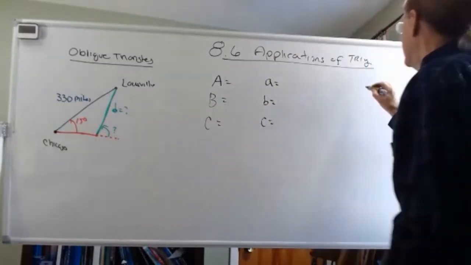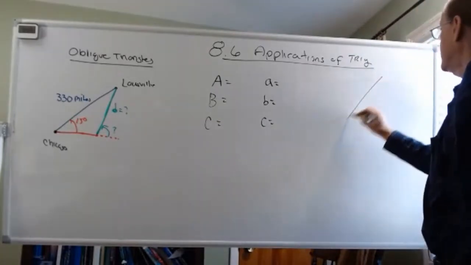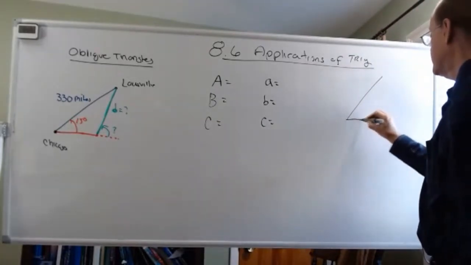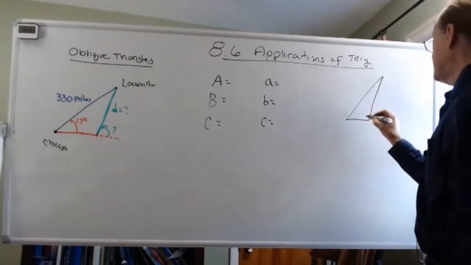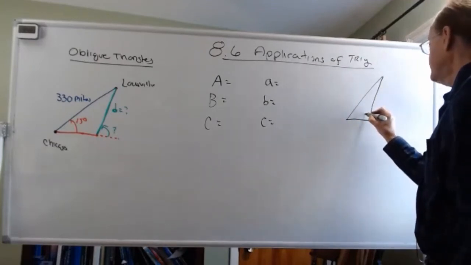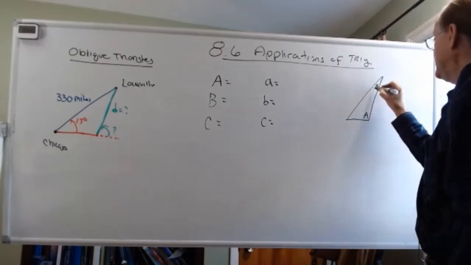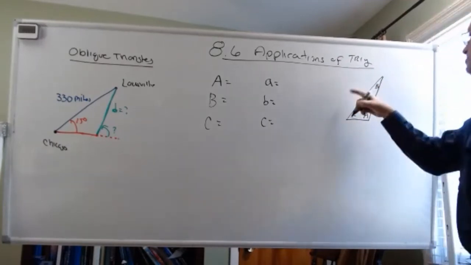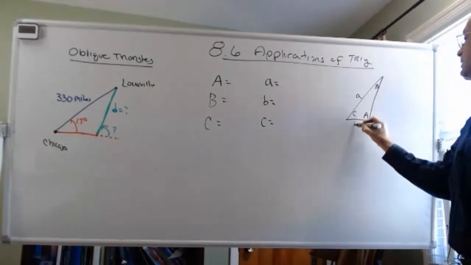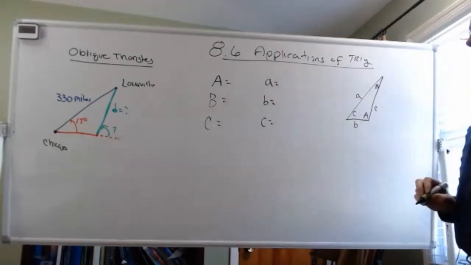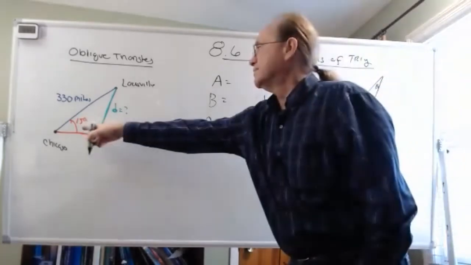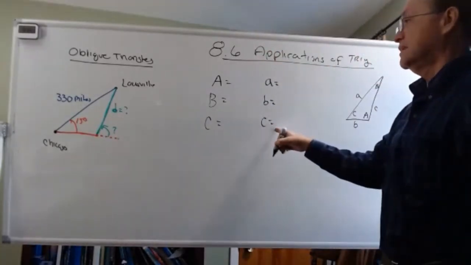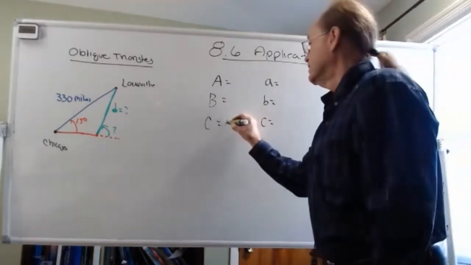So let's draw my oblique triangle over here, and we'll start labeling. We can call the angles A, B, and C, and the opposite sides little a, little b, and little c. We know angle C, that's given to us, so I can put that in over here, and that is 15 degrees.